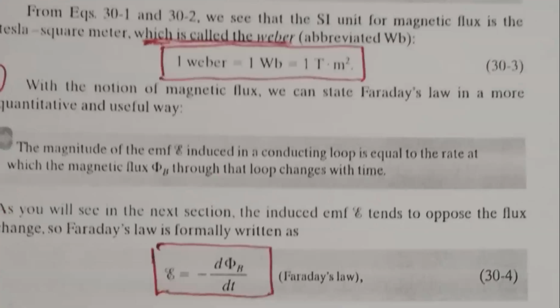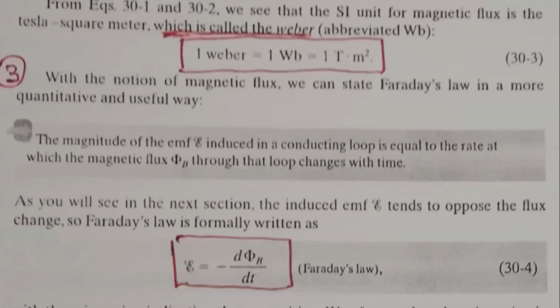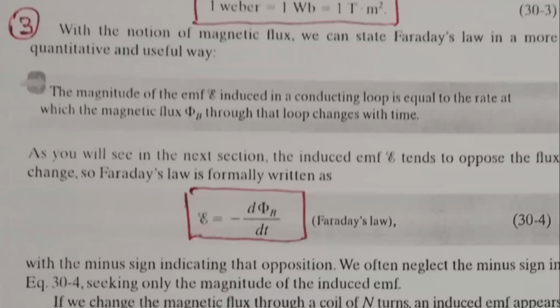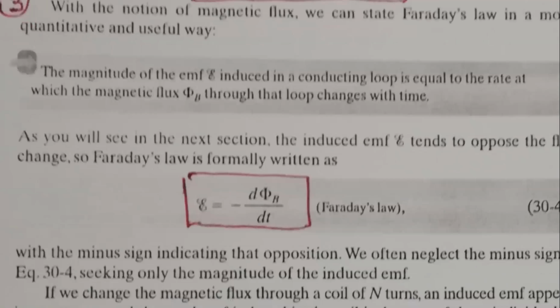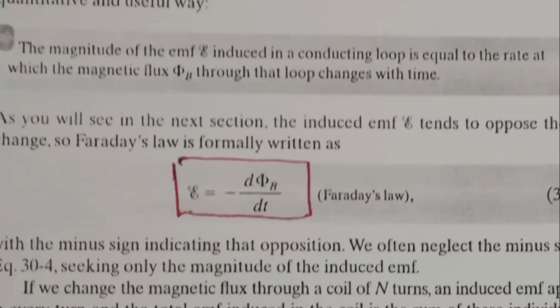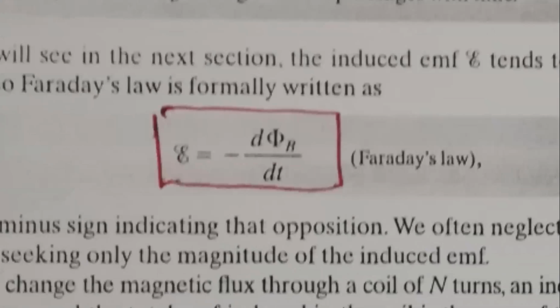Okay, so Faraday states that the magnitude of the EMF induced in the conducting loop is equal to the rate at which the magnetic flux phi B through that loop changes with time. And that is written as equation 30.4: the induced EMF E is equal to minus d phi B over dt, the rate of change of magnetic flux.